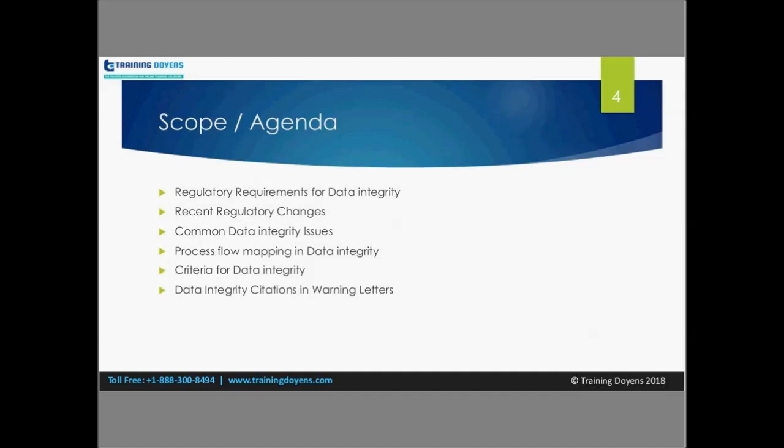We'll also go through how process flow mapping can help you with a data integrity process and procedure and how you can implement that at your firm. We'll go over some criteria for what data integrity should look like, what should be contained in your standard operating procedures, and how you can make your processes that much more robust and compliant based on good data integrity practices.